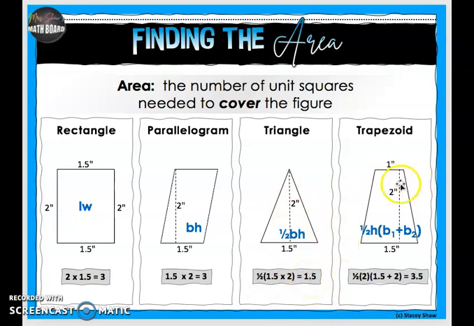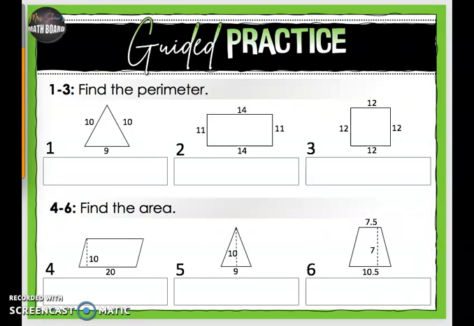And then for a trapezoid, you take 1/2 of the height, okay, so 1/2 of 2, and then you multiply it by your base here and your base here. It's called base 1 and base 2. Okay, so you say 1/2 times 2, and then you multiply that times 1.5 plus 2, and your answer would be 3.5.